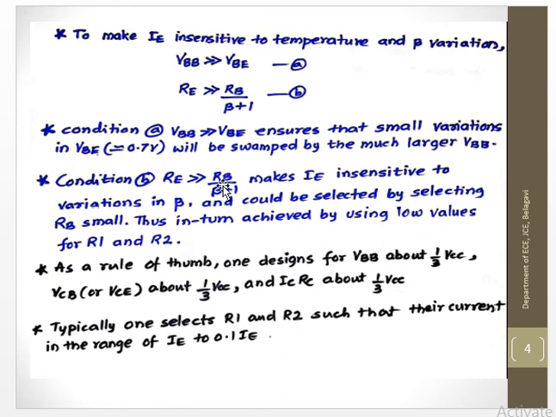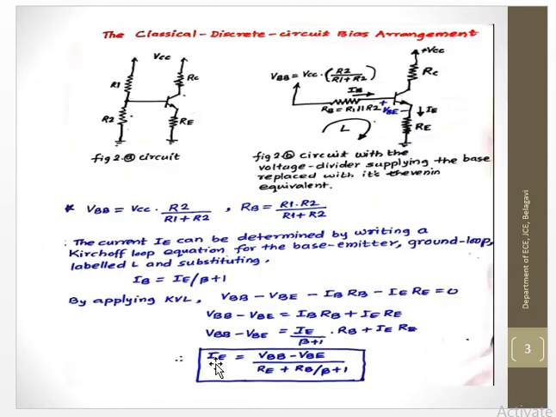By selecting lower values of R1 and R2, we can keep RB small, and RB small divided by beta plus 1 stays small. So if beta varies, since you have selected RE as a much larger value, this term does not affect the emitter current IE. In this case, VBB is very much greater than VBE, so VBE variations can be absorbed, and RE is very much greater than RB divided by beta plus 1.